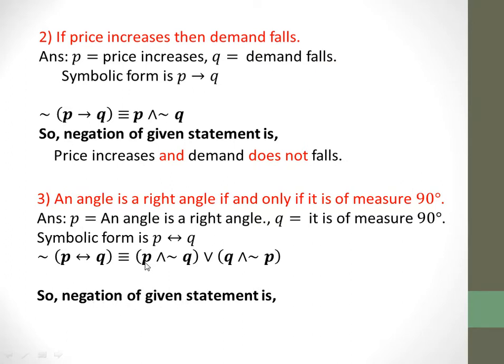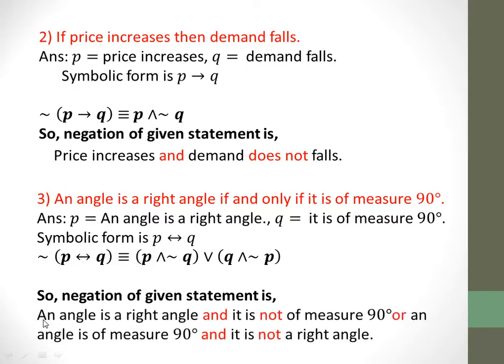As per your selection of P and Q we write the statement. First of all we write P: an angle is a right angle. Then and, now it is negation Q, so it is not of measure 90 degrees.